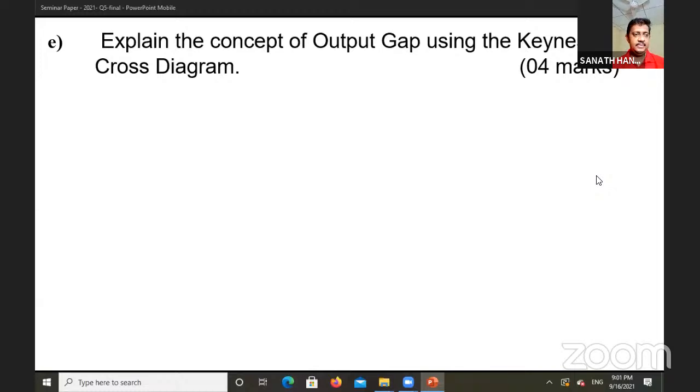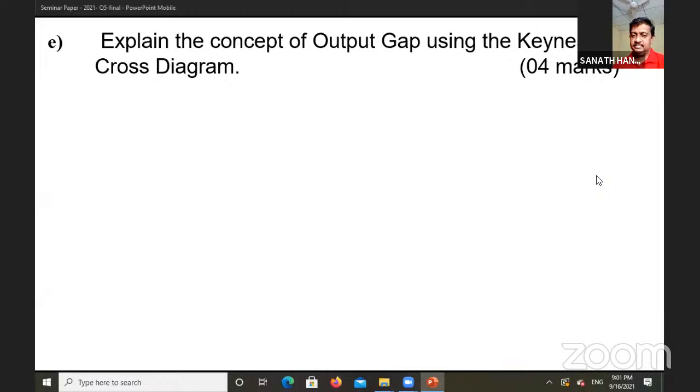Okay, next one. Explain the concept of output gap using the Keynesian cross diagram. This is to remind you of the concept called output gap. The output gap concept can come in different chapters, say unit number 5 with the business cycle, and even the PPC, and unit number 11 with aggregate demand and aggregate supply.